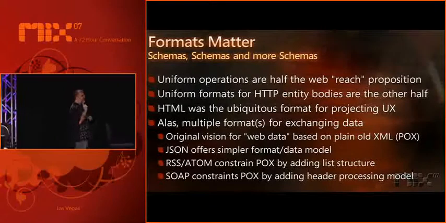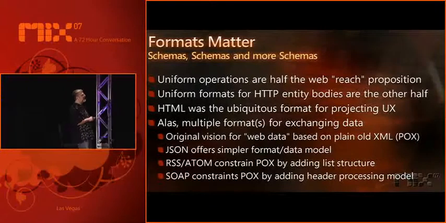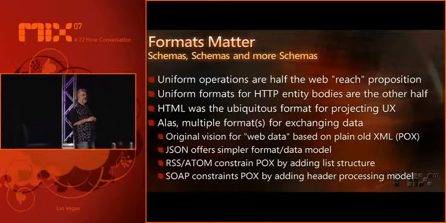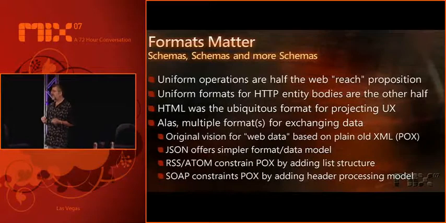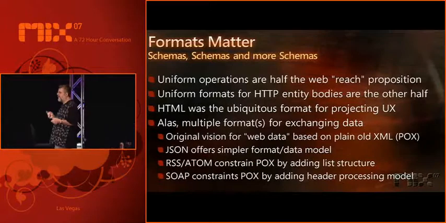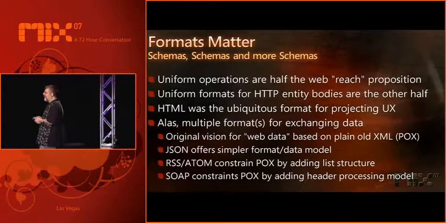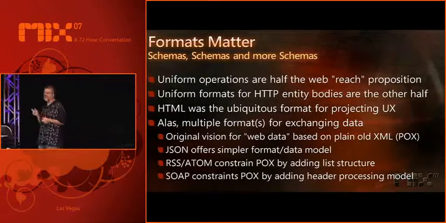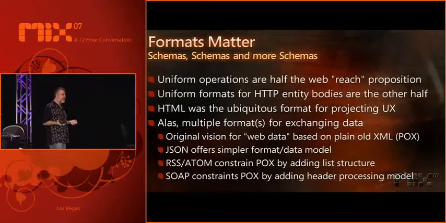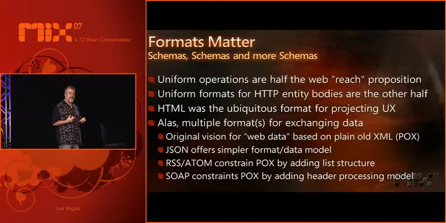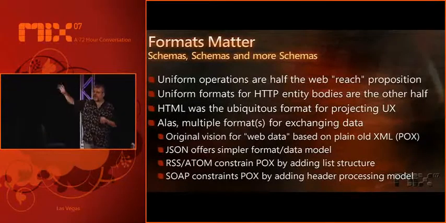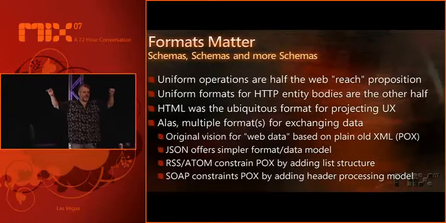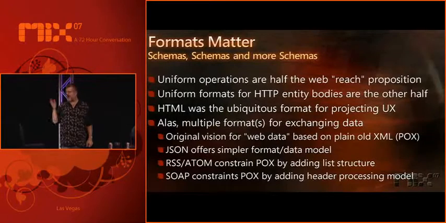And a lot of people correctly talk about the fact that the web was built on uniform operations. Right? When you hear these REST versus other things debates, one of the things they trot out is the fact that there's a fixed set of operations. Now, there's a very important fixed operation called GET, which was super fundamental. But the idea that you've got a fixed set of operations makes it a lot easier to combine arbitrary consumers with arbitrary producers, because at least the semantics of the verbs line up.